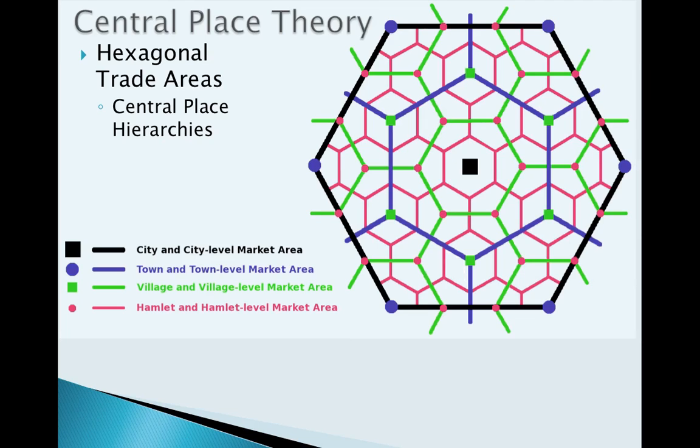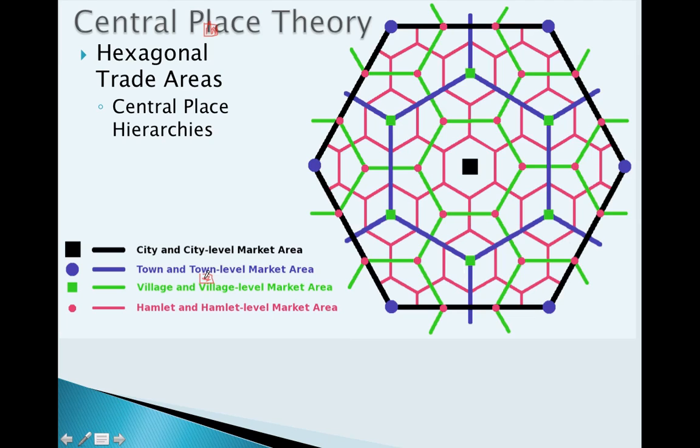If we were to extend this diagram over a broader area, we'd find out that the next city over would be basically up in here somewhere. And then there would be another one that would be down right about here. So the city level urban places are few, and they are far apart.